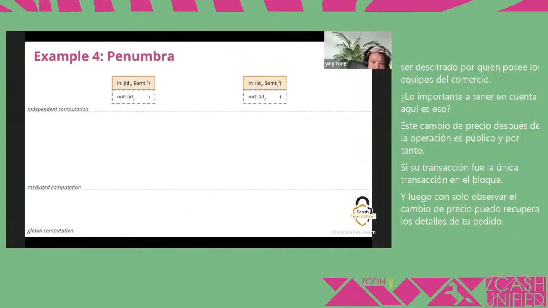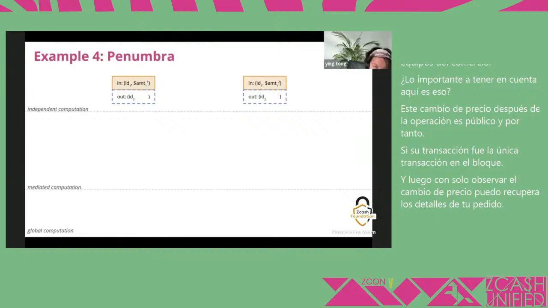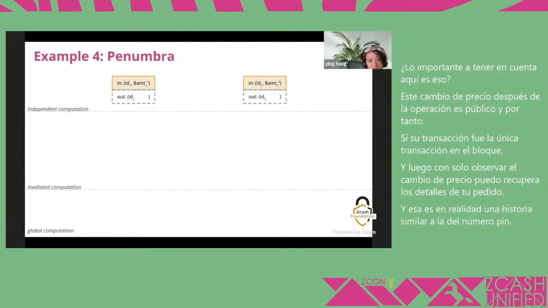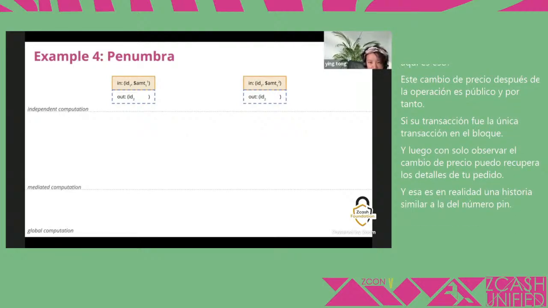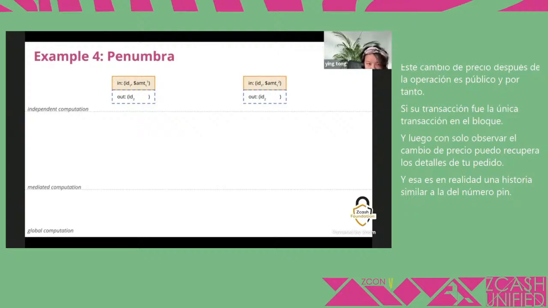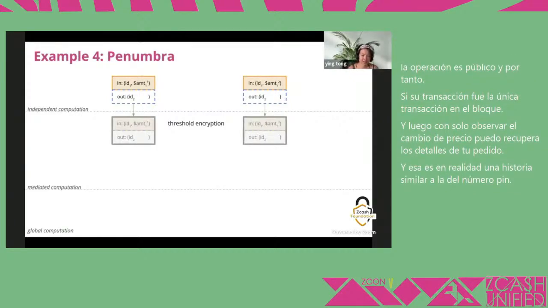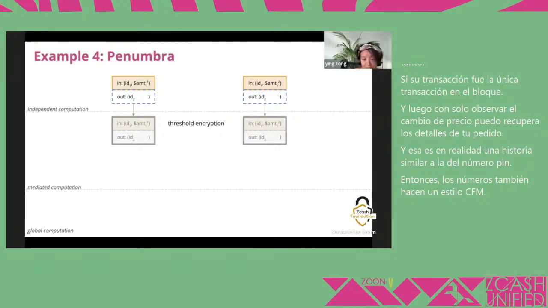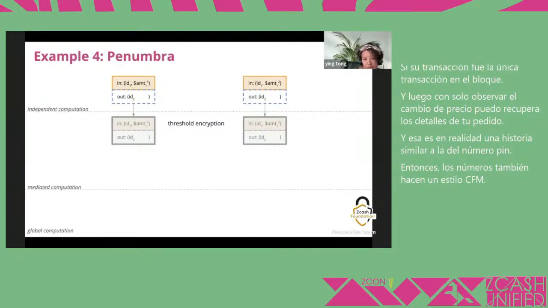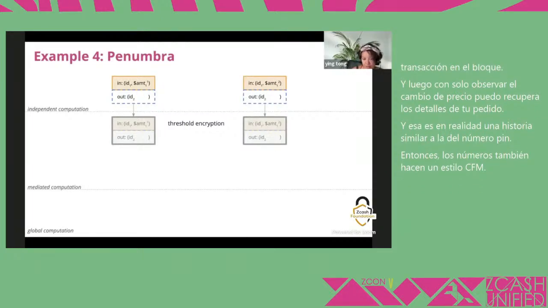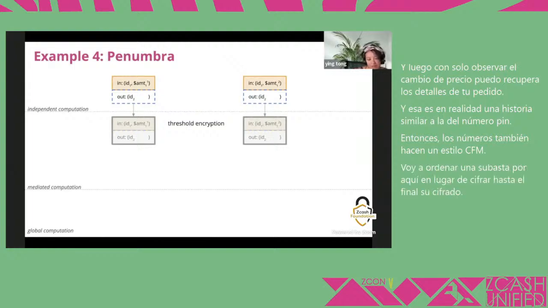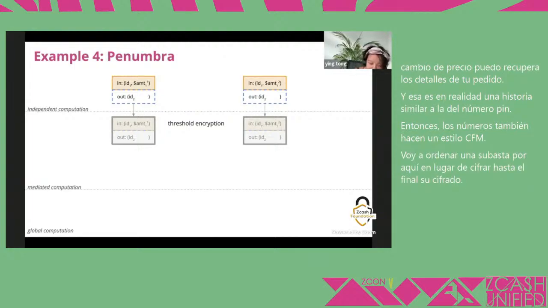And that is actually a similar story as Penumbra. So Penumbra is also doing a CFMM style limit order auction. So over here, instead of encrypting to a TEE, you're encrypting to a threshold of Penumbra's validators. And these validators are economically staked.